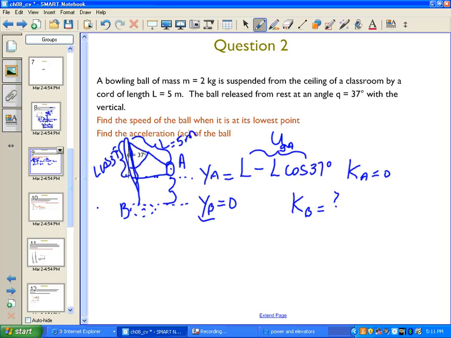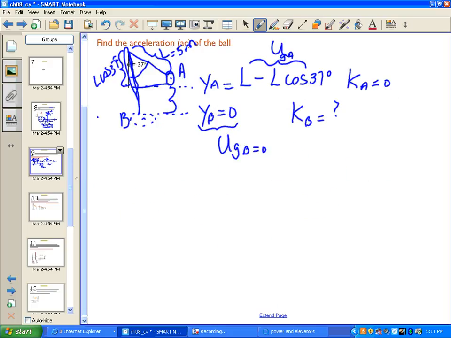Since YB is equal to 0, this implies that the gravitational potential energy at B is equal to 0. Therefore, any potential energy at position A should be converted to kinetic energy at position B. So this is where we will begin.